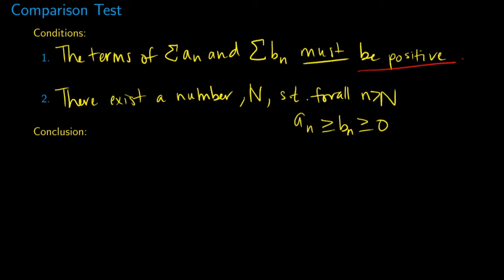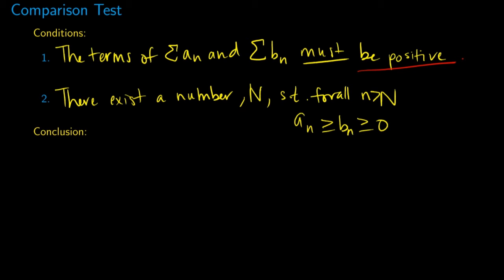That just means that eventually there's a point, and that big N can be a really big number, it could be 500 or 1,000, but after that, the A sub n terms are always bigger than the B sub n terms, every one of them. So the end behavior of A sub n is, in a sense, bigger or higher than B sub n.